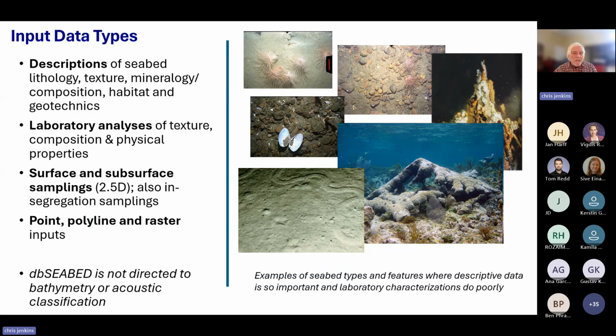We do import things like polygons. And the second point I want to make from this slide is, there are many seabed types which you really cannot characterize with numbers. And here's a sort of a tour of some types of seabed where you really have to describe what's going on in semantic and word terms. And that's the other motivation for us embracing word-based data.